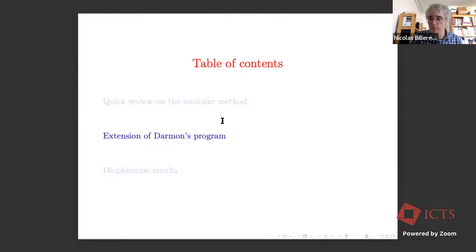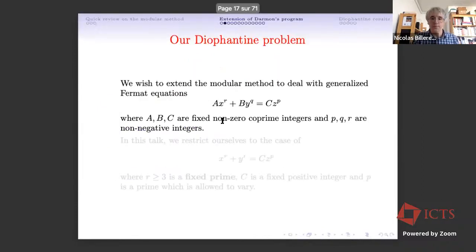Feel free to stop me if you have any question. If not, I will go to my second part, the extension of Darmon's program, and discuss the precise Diophantine problem I will be interested in. So let's say that we would like to extend this method to some more general Diophantine equation of Fermat type.